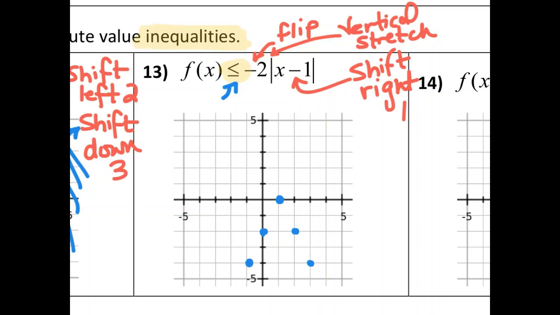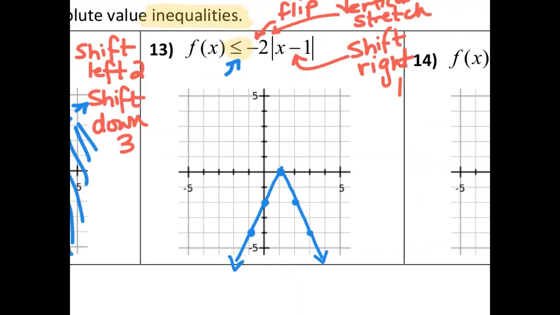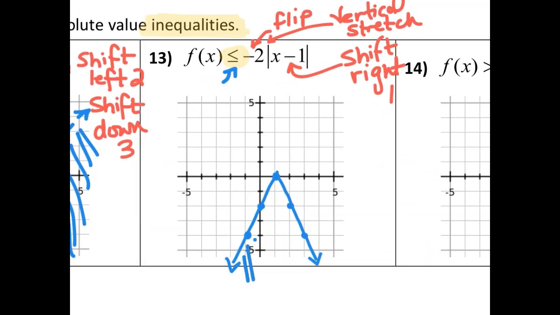Because of that "or equal to" sign that we just talked about a minute ago, this is going to be a solid line. And because it's less than, the shading is going to be in the downward direction. Again, it's not about inside or outside, it's shading up or shading down.